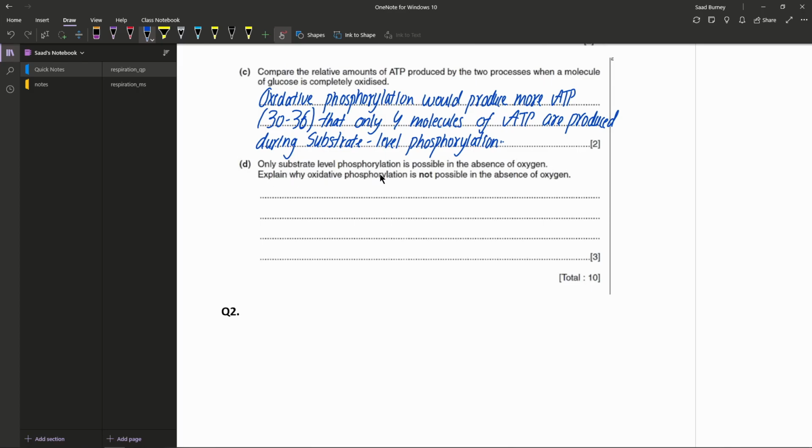Only substrate level phosphorylation is possible in the absence of oxygen. Okay, now explain why oxidative phosphorylation is not possible in the absence of oxygen.